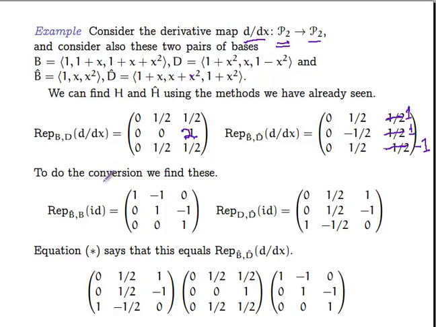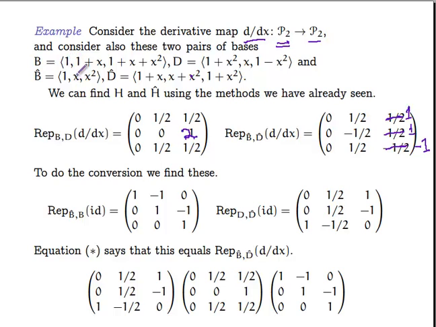All right, to do the conversion, we need to find the change of bases matrices. So to get this one, if I start with b hat and go to b, the identity. Now 1 expressed in the b basis is 1, 0, 0.